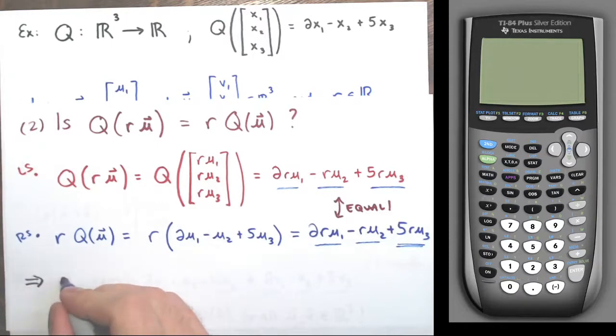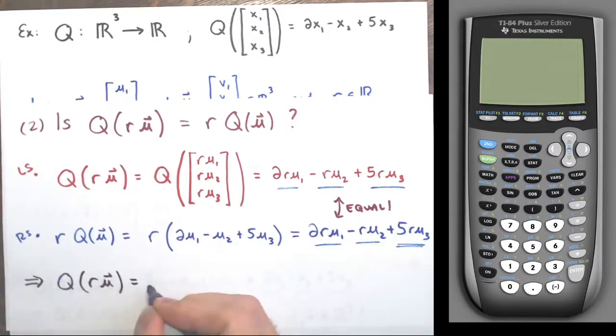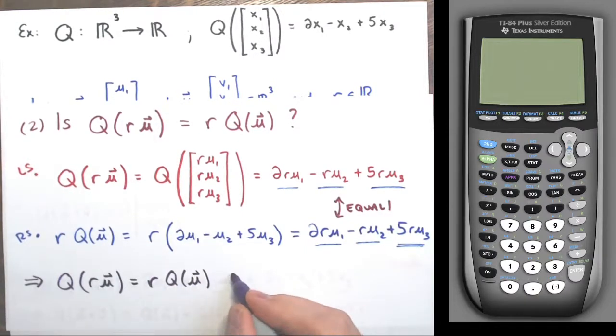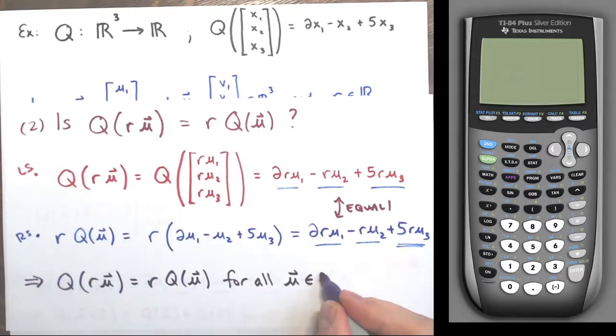So this is telling me that q of ru is equal to r times q of u for all vectors in the domain, so for all u belonging to R3, and for all scalars r belonging to the reals. Wonderful.